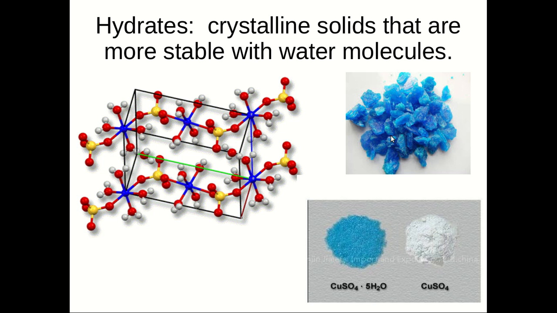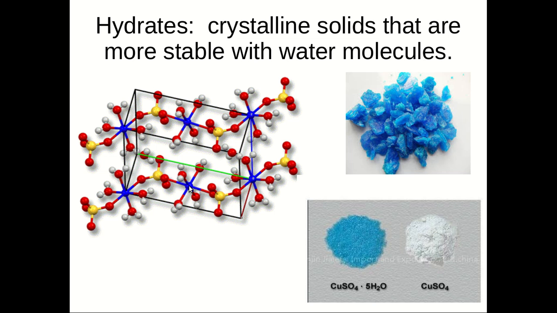Now, copper 2 sulfate hydrate has this nice blue color because there are water molecules bonded to the copper 2 plus ions inside the compound, inside the copper 2 sulfate hydrate crystal.